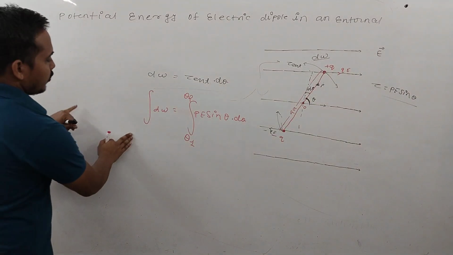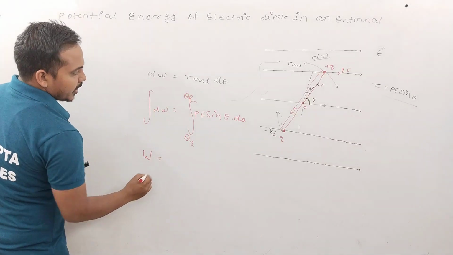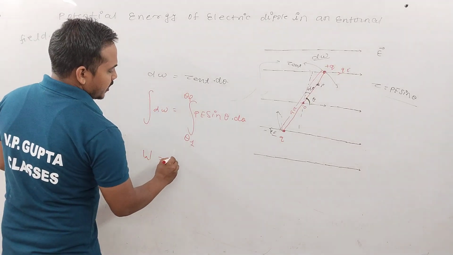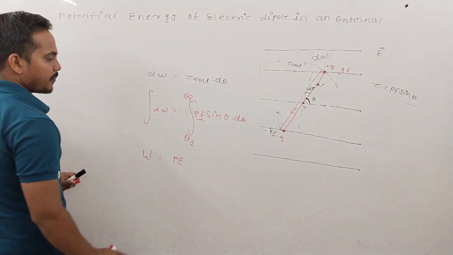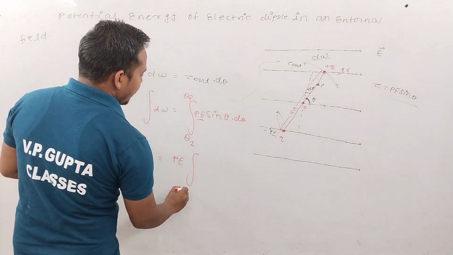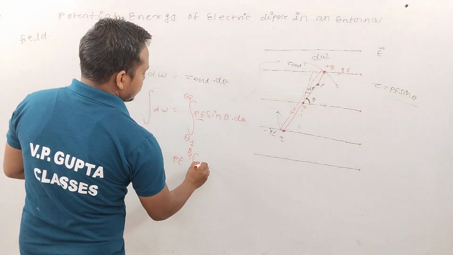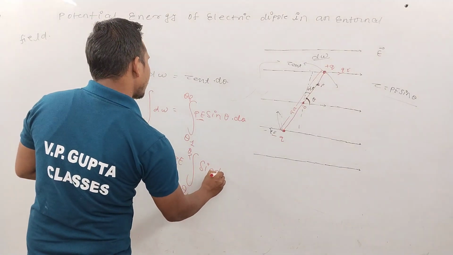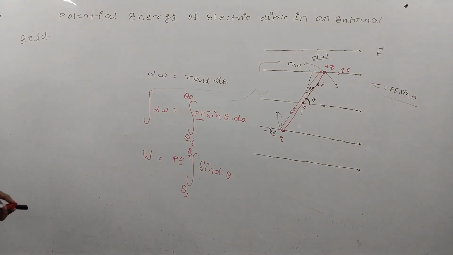Now W is equal to pE, the constant term taken out of the integration, times the integral of sin theta d theta, with limits from theta 1 to theta 2.